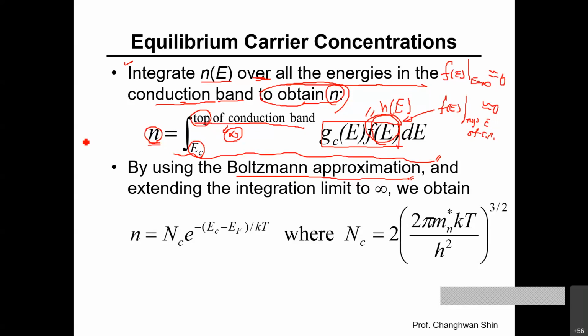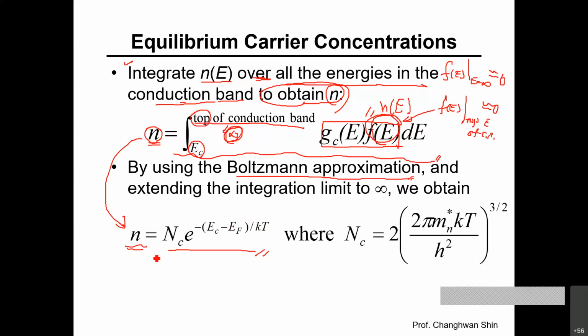So you can use infinity instead of the top edge of the conduction band. Then we can solve this quite complicated integration by hand. So the total number of electrons n can be obtained and described as N sub C times exponential of minus (E_C minus E_F) over kT.